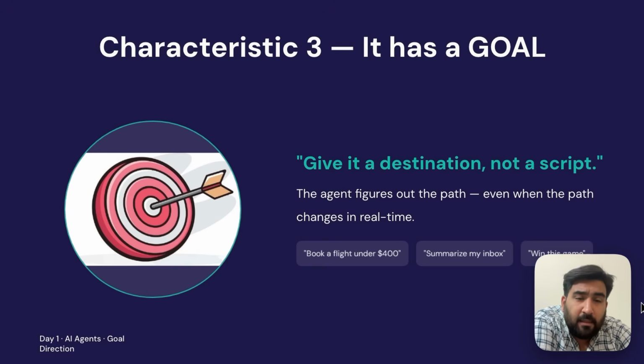If you say, book me a flight to Bangalore under 5,000 rupees, leaving maybe sometime next weekend, that is a goal to do. The booking of the flight is a goal. The agent figures out the path on its own. It searches multiple airlines, compares prices, checks the available dates around the weekend.